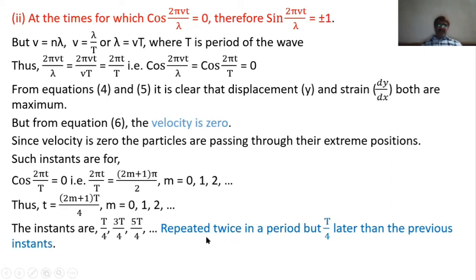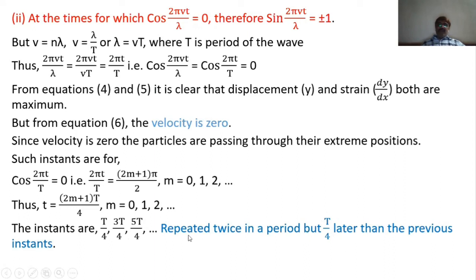Again, the important thing is that the instants repeat, because in 3T/4 and 5T/4 the period completes. So there are two stationary instants in a period. The instants where particles are passing through their extreme positions with 0 velocity again appear twice in a period.